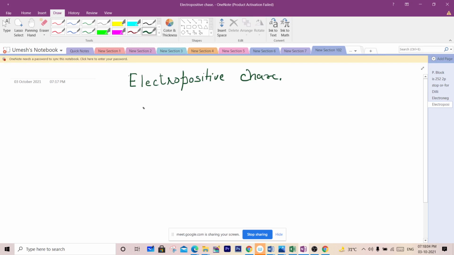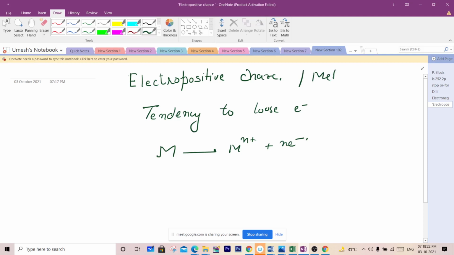Electropositive character means tendency to lose electrons, how easily the metal loses electrons. This is related with the metallic character. The more easily it loses electrons, the more the metallic character.